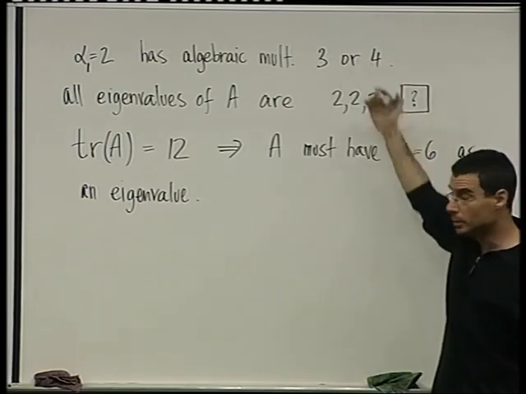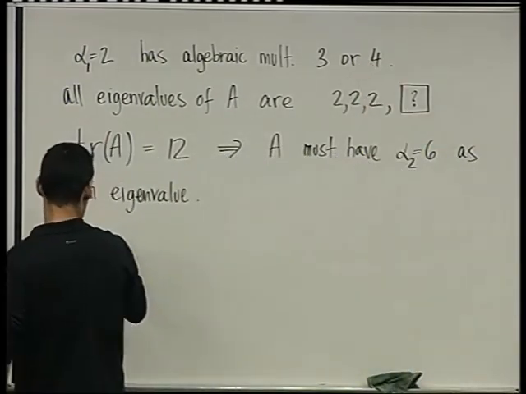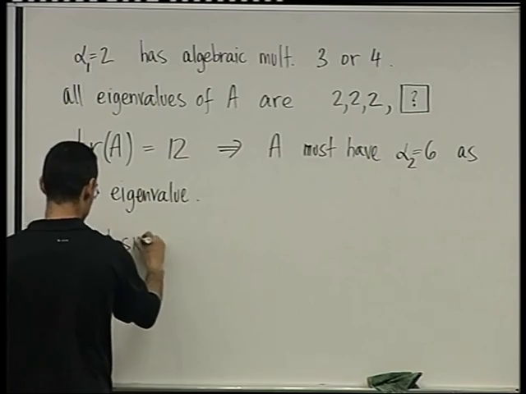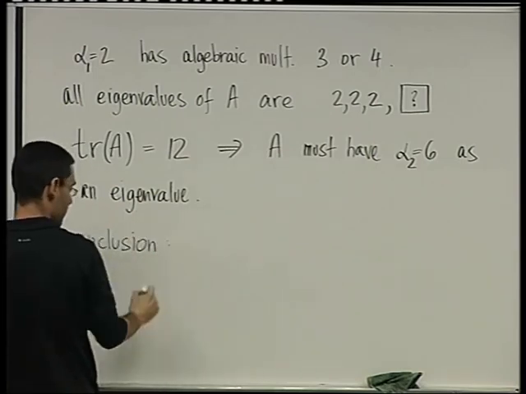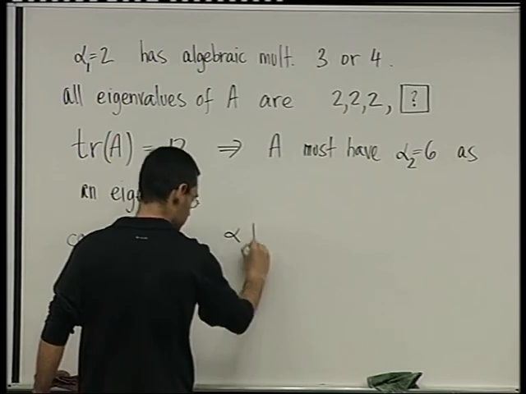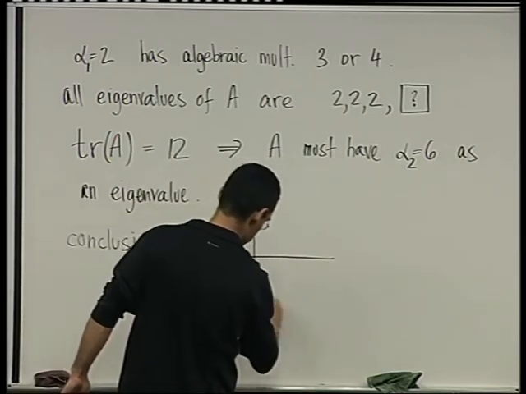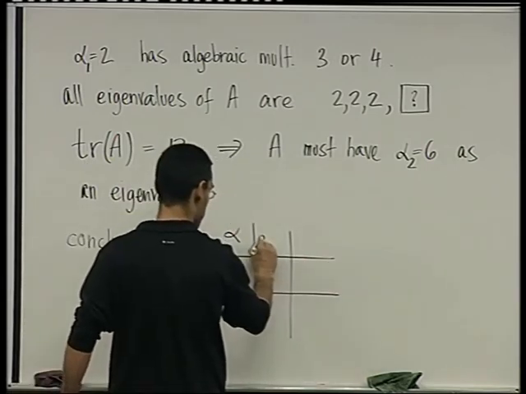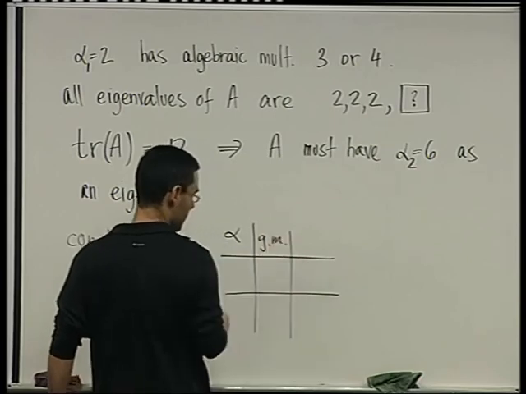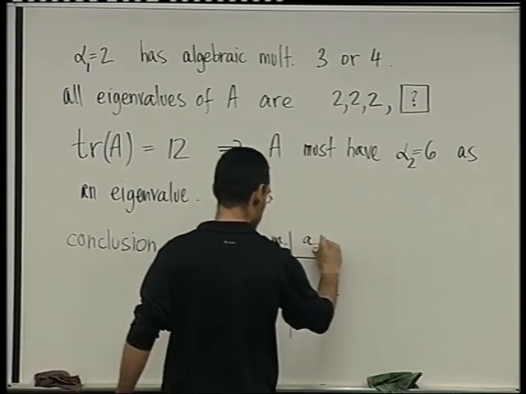And that settles it. Alpha 1 equals 2. So, conclusion: geometric multiplicity, GM, algebraic multiplicity, AM.